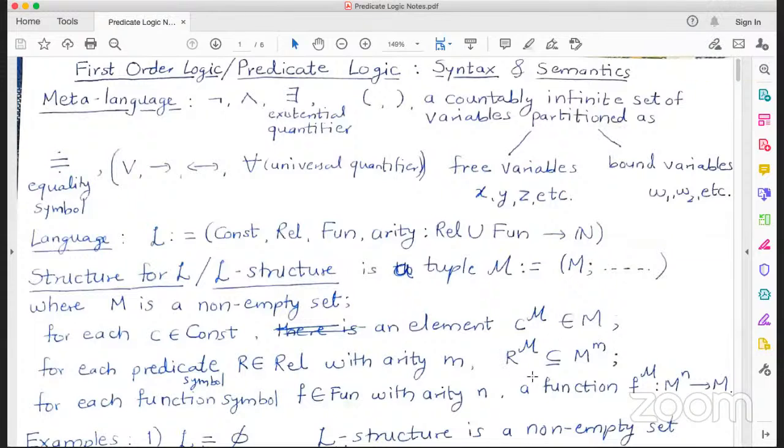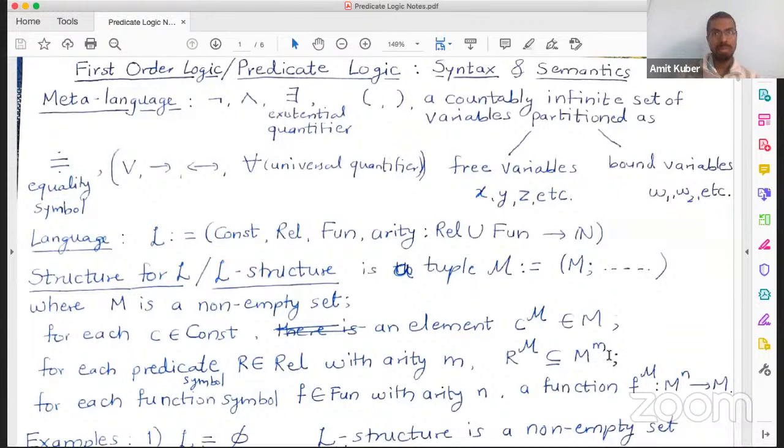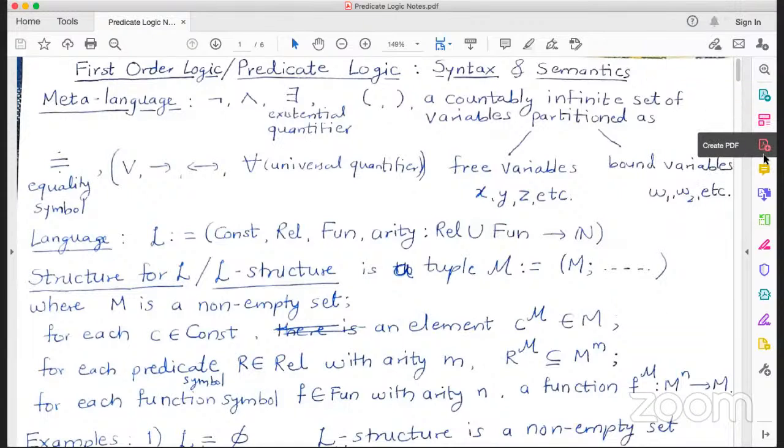Therefore, it will be interpreted as a subset of a singleton. So either that subset is the empty set or it is the singleton set. This corresponds to it getting truth values, false or true. That's all. Yeah, I got it.